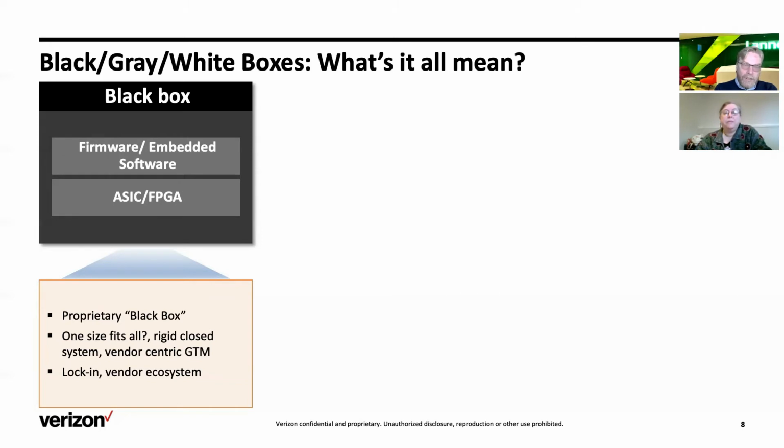If you want to make changes to a black box, it's a very challenging undertaking, because you are asking for modifications, which are not seen as an open architecture. So, a black box dedicated to a specific network function with specific software.